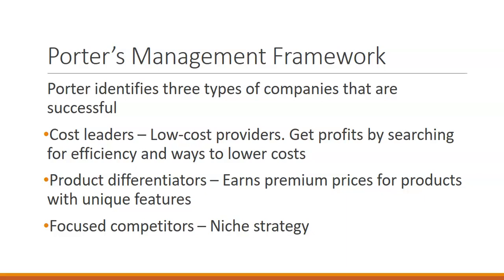And focused competitors have a niche of some kind. Either their product or their customer base is highly specialized, so they're just really focusing on one area instead of having a very broad product line.